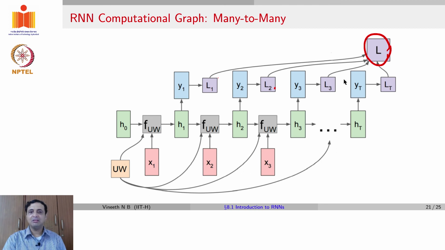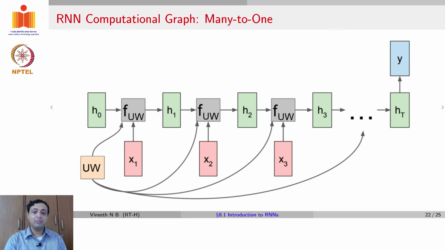Why does this matter? If you look at, say, video captioning, which would be an instance of such a many-to-many architecture, you could look at L1, L2, L3, LT, so on and so forth, as variables that hold each word of the caption, and L be the final caption that is given as output of the RNN.